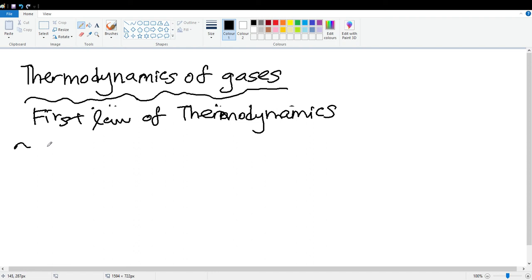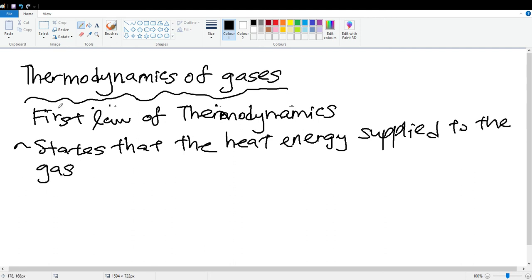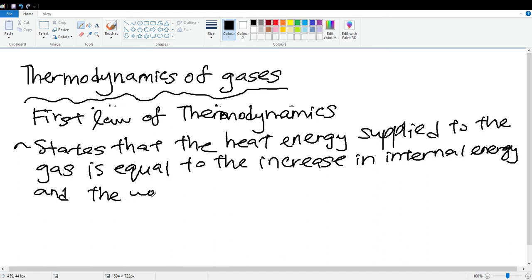It states that the heat energy supplied to the gas is equal to the increase in internal energy and the work done by the gas.